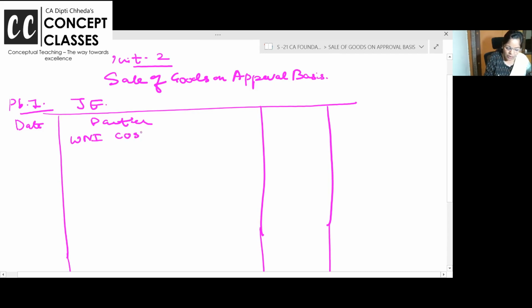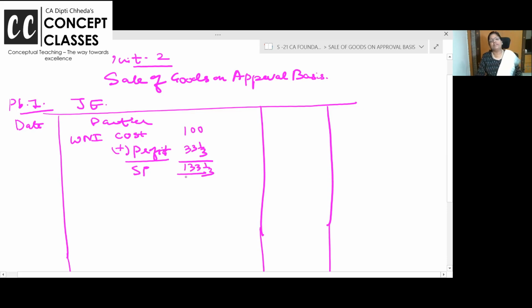Make the equation, you all know. Cost plus profit. Are you all comfortable writing? If you can, put me a message. And if there is even a small doubt, ask. Cost plus profit is selling price. This time, the goods are sent at cost 100. Profit 33 1/3, selling price 133 1/3.